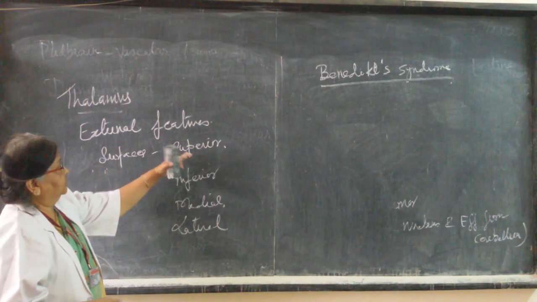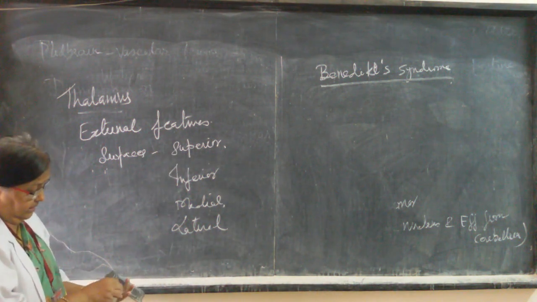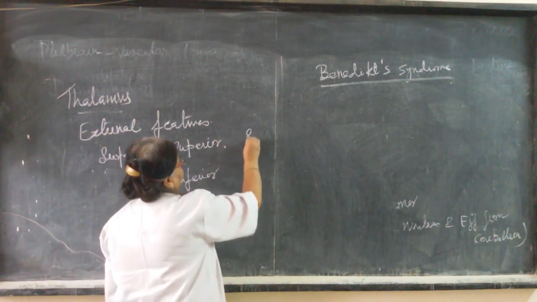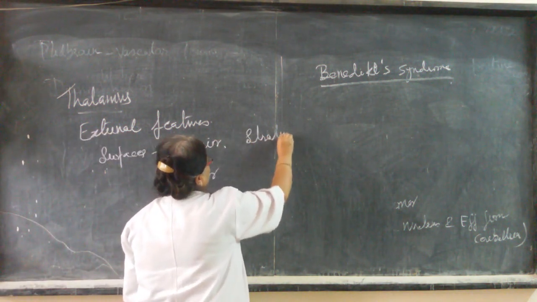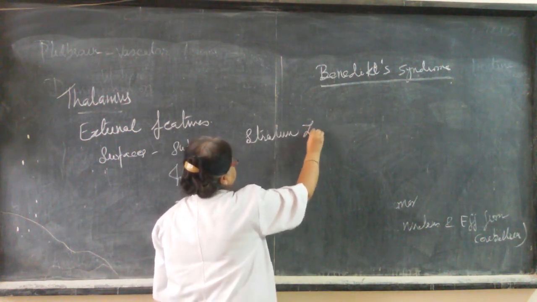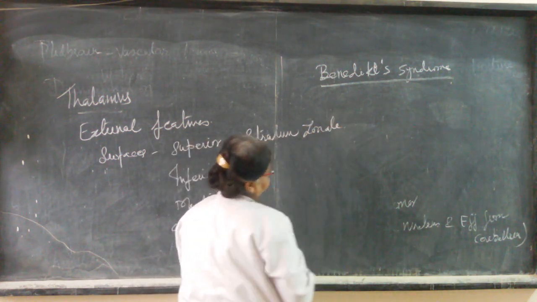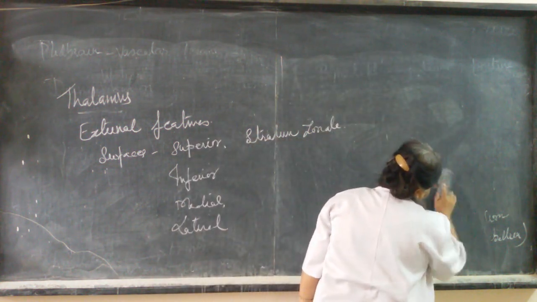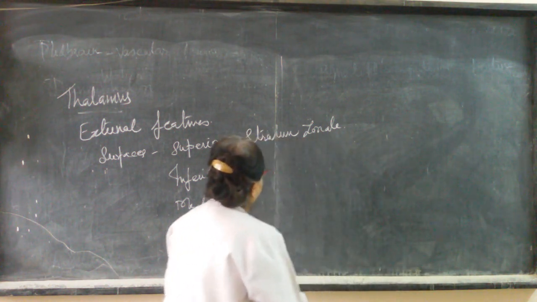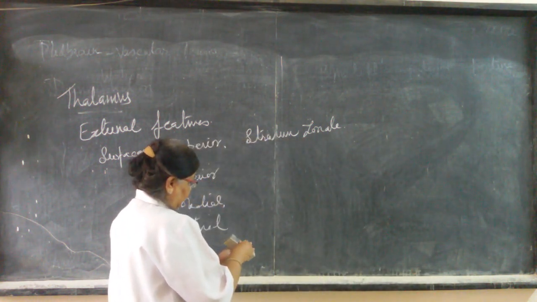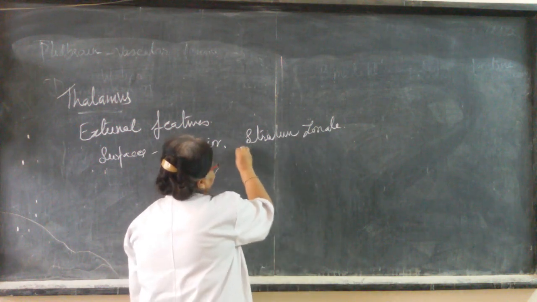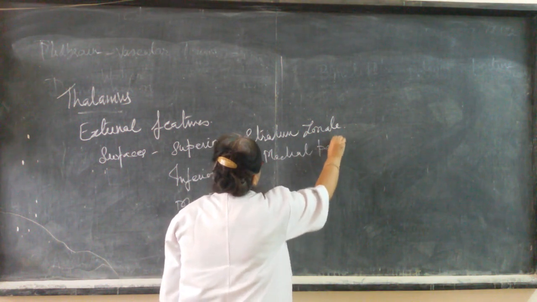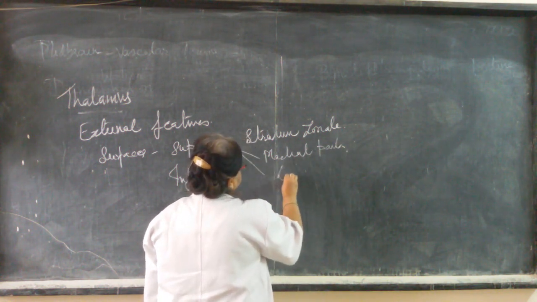The superior surface is covered by a layer of white matter known as stratum zonale. We can subdivide the superior surface into two parts, the medial part and the lateral part.